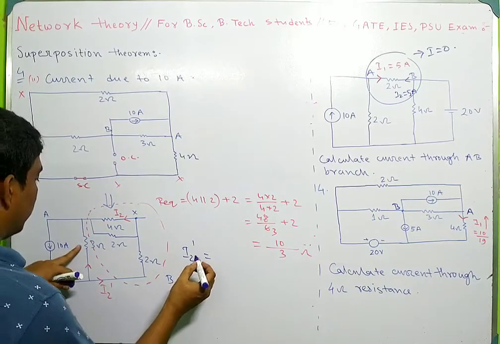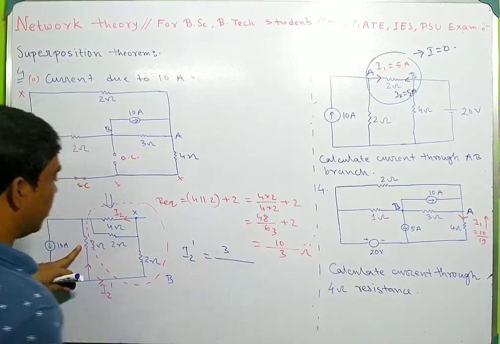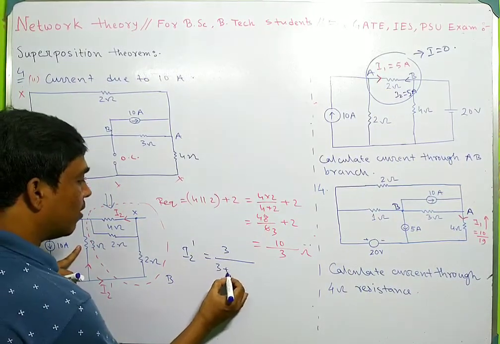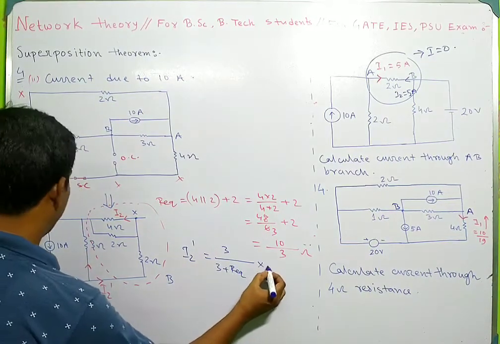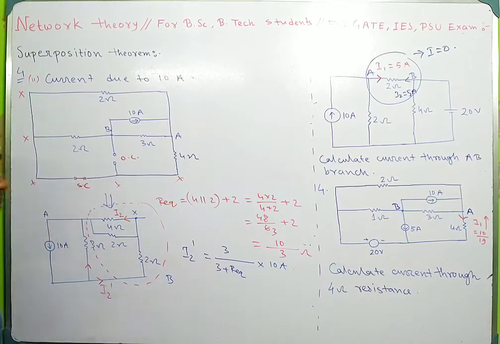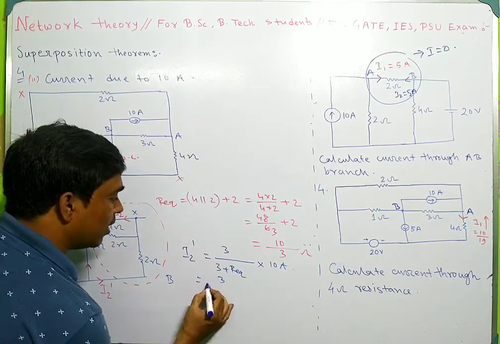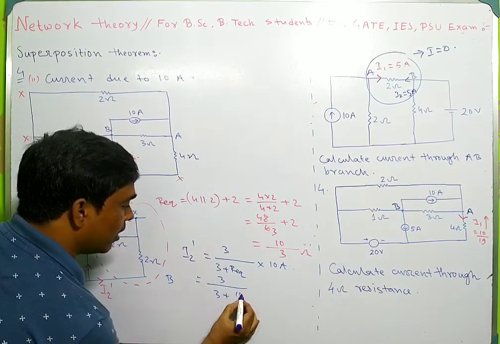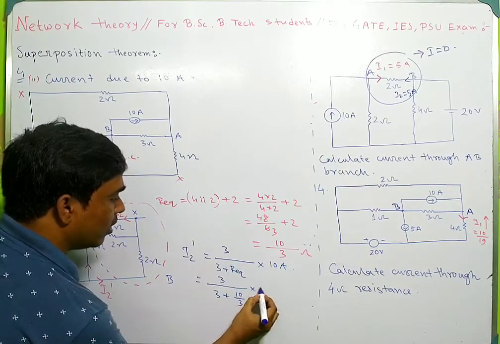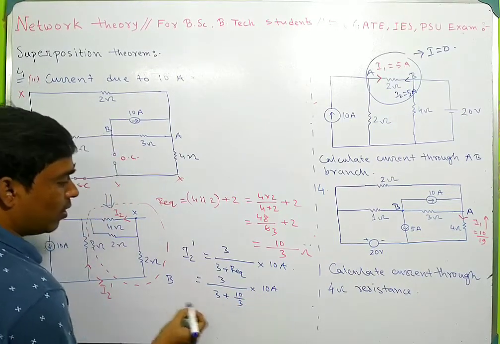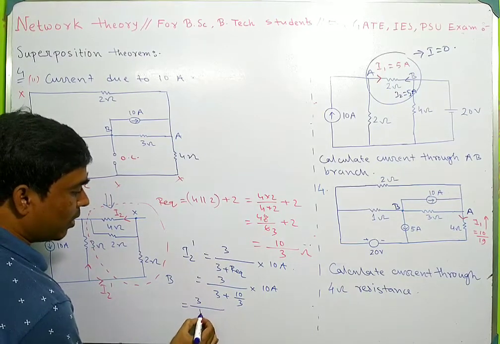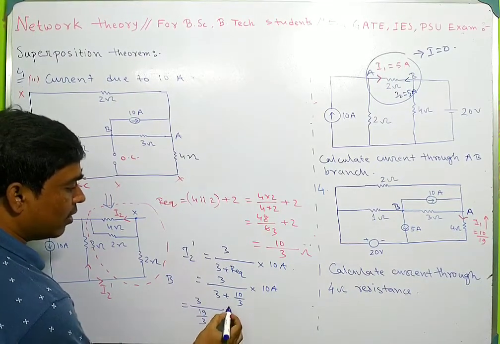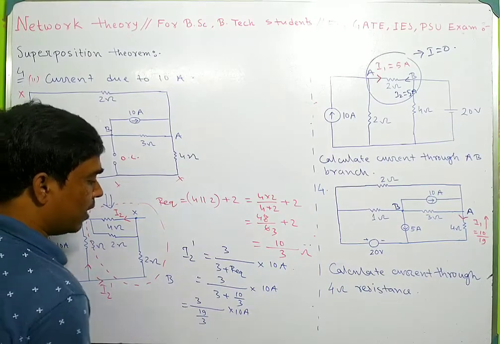This is 3. So 3 divided by 3 plus R equivalent, multiplied by 10 ampere. So it will be 3 divided by 3 plus 10 by 3, into 10 ampere. So it will be 3 divided by 19 by 3, into 10 ampere.